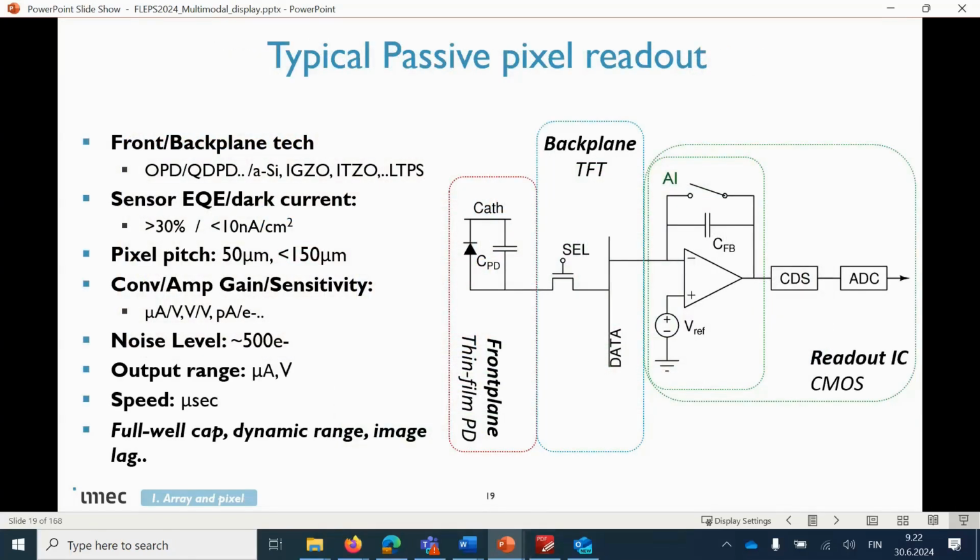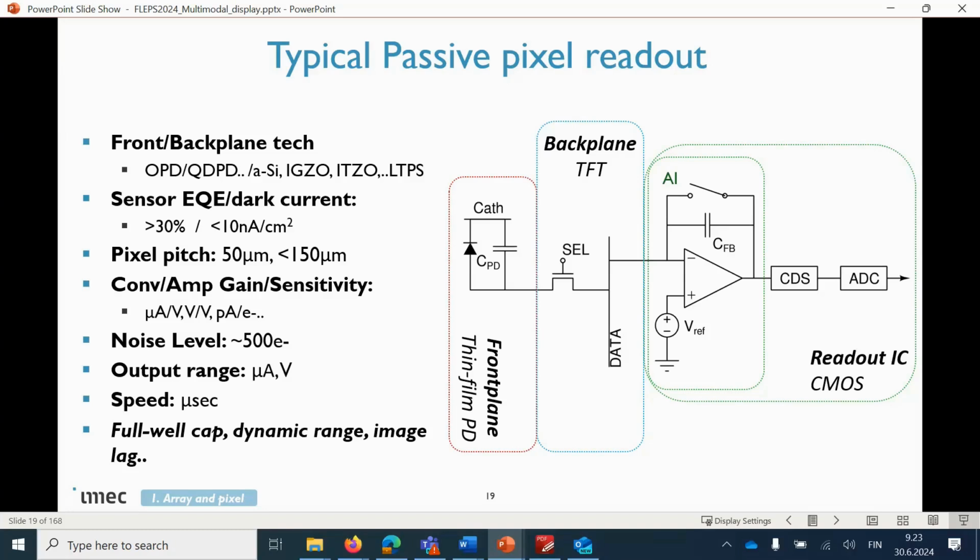If we go again and focus even more, and we discuss the specifications that we need to be aware of when designing a passive pixel, you see on the right a very typical schematic of one row and one pixel, and the data line that is running through the array. Again, a passive pixel.